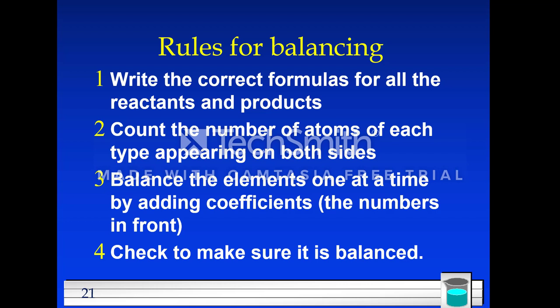Go back and count one more time. What happens is people stop too early. They say, oh, I got that fixed, and then quit, and there's still one that's messed up, because fixing one messed up the other one that you had just fixed, which you didn't notice.